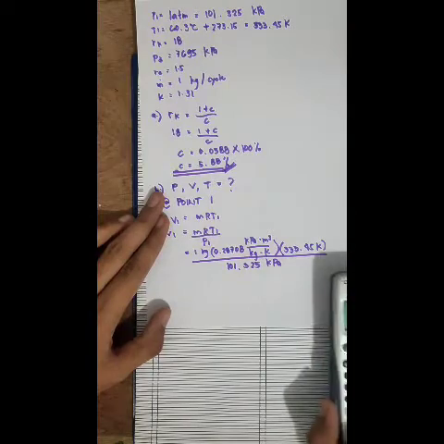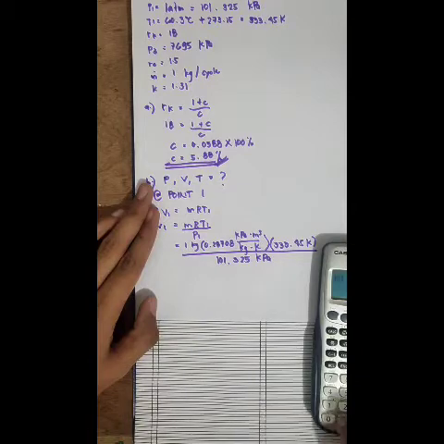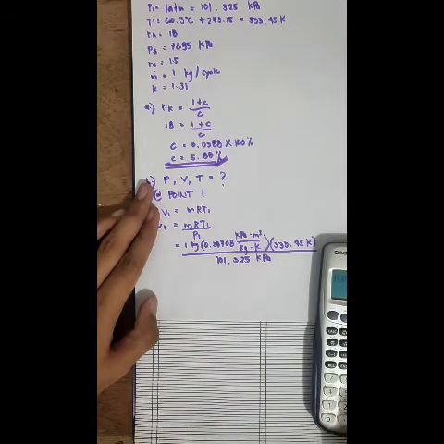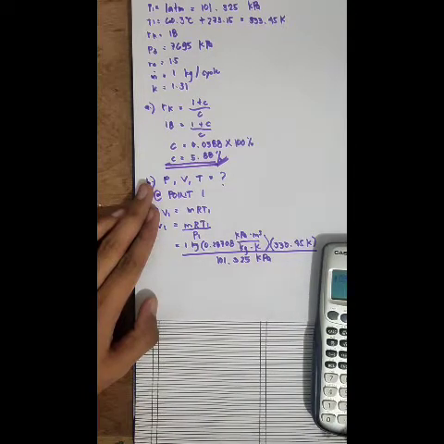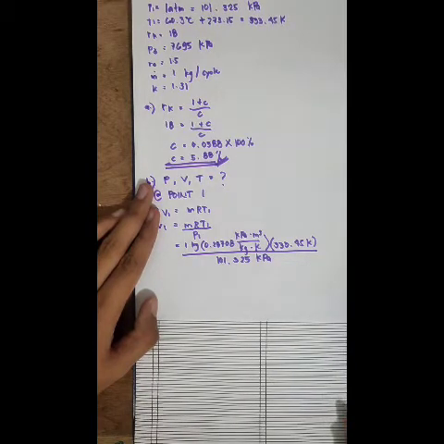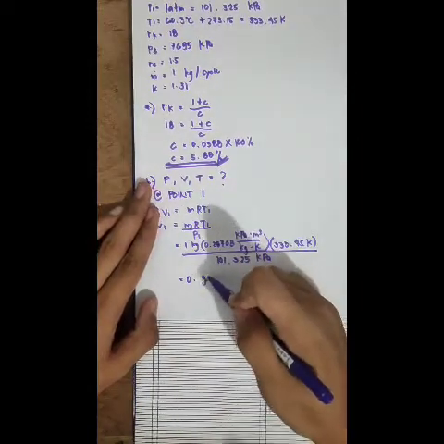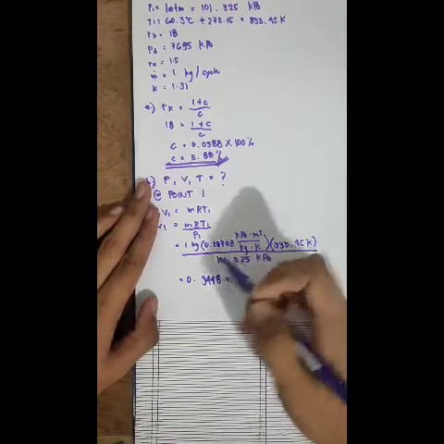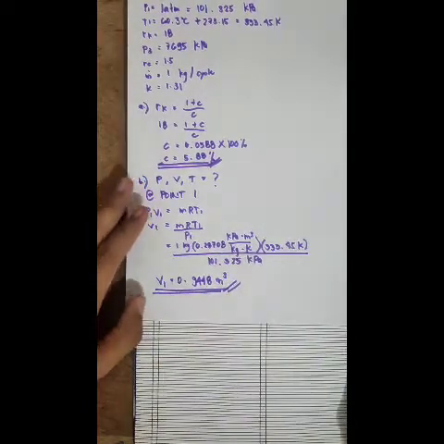So the answer that we get from here is 1 times 0.28708 times 333.45 over 101.325, which is equal to 0.9448 cubic meter. So the volume 1 is equal to 0.9448.